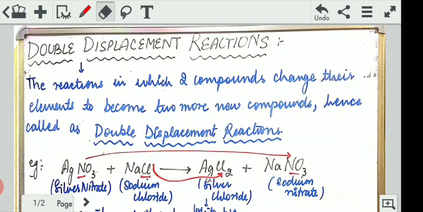In a displacement reaction, one was a compound and the other was a single element, whereas here we have two compounds in which the elements only interchange their positions, but they form two separate, different compounds. Whereas in a displacement reaction, one compound was formed and the other element was left alone, right?